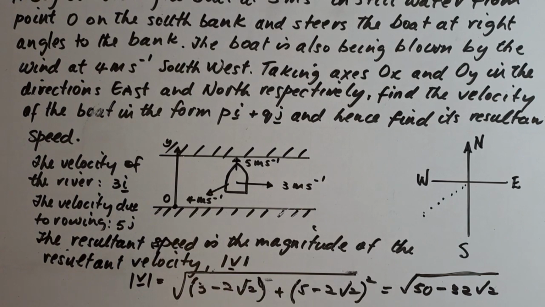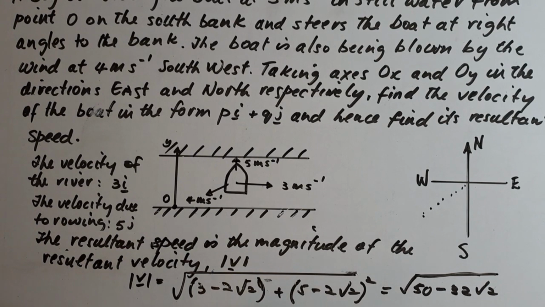We've found first the resultant velocity, and finally we found the magnitude of that resultant velocity, which is the speed, the resultant speed, which is root 50 minus 32 root 2.